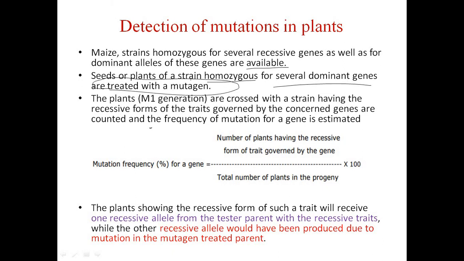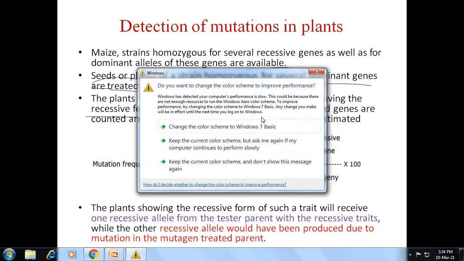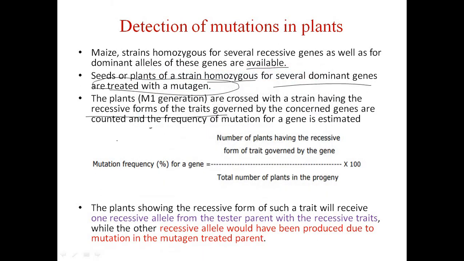Remember, here the strain is homozygous for several dominant genes, and the plants of the M1 generation are crossed with strains having recessive forms of the trait governed by the concerned genes, and the progeny are counted, and the frequency of mutation can be estimated. How is this estimated?